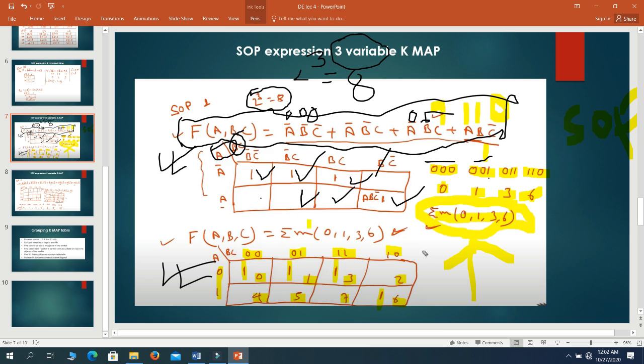And in the rest of the vacant cells, if you want, you can put a 0. If you don't want to put 0, that is also fine, it's up to you. So I hope you have understood how we can find the SOP expression for a 3-variable Karnaugh map. Now we will get into the SOP expression for a 4-variable Karnaugh map.